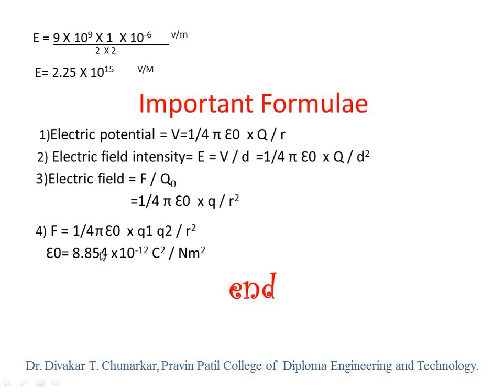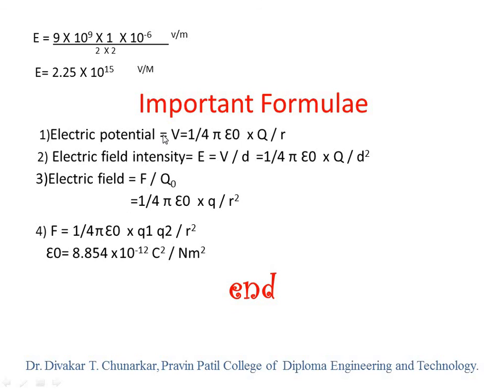On this particular value, questions arise in your online examination. The value of epsilon 0 is, and you are given options for the answer: 8.8 × 10^-12 or 8.854 × 10^-12 coulomb square upon newton meter square. So students, this is a very important formula.